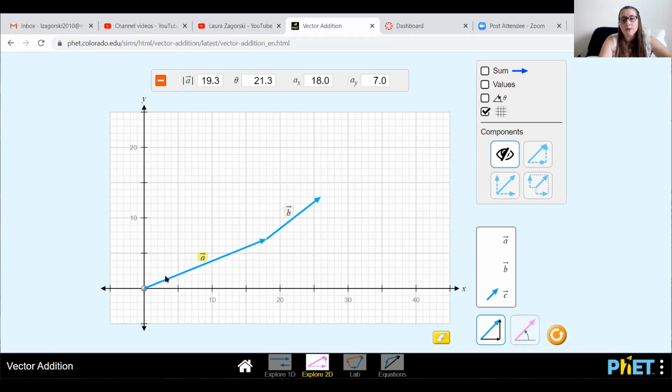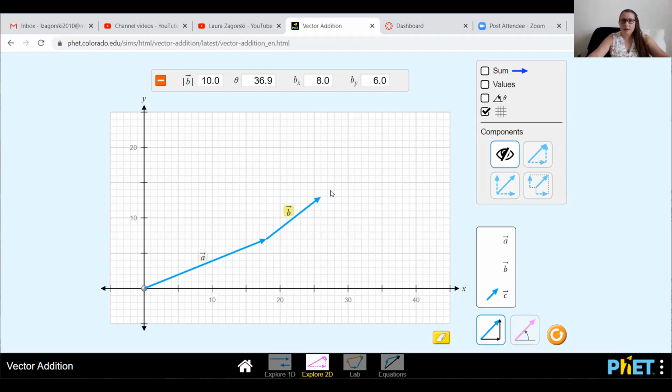So 19.3 plus 10, what would our total distance be? Good, 29.3, great. Yep, that's our total distance.